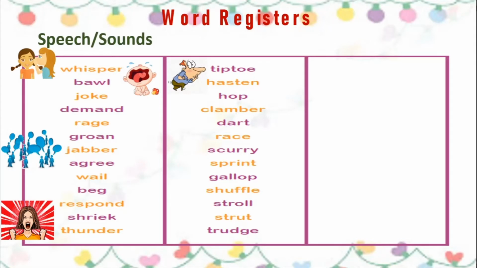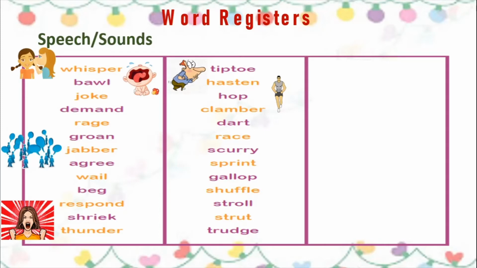Next is hasten. You know what hasten is? Opposite of tiptoe. Hurrying around. Hopping. You must have seen people hopping. Clambering also means making a mad movement. Darting means making a quick movement. Race means to run.